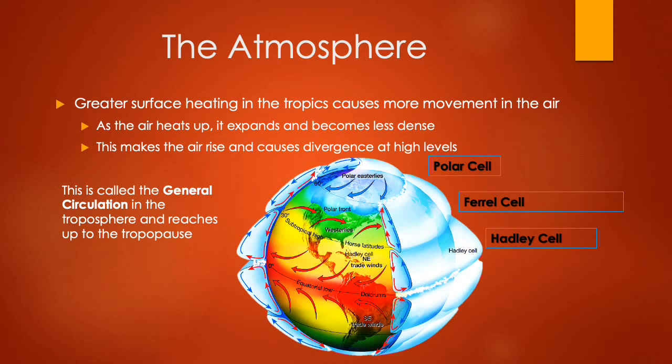So from the equator up into the subtropical high and low latitudes, we have the Hadley cell. Between the latitudes and the polar easterlies, we have the Ferrel cell, and between the polar easterlies and the North Pole, we have the polar cell. So this ascending and descending air is creating this circulation of air which affects the weather around these regions.